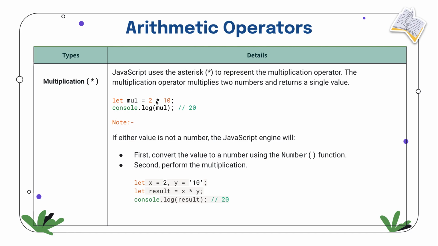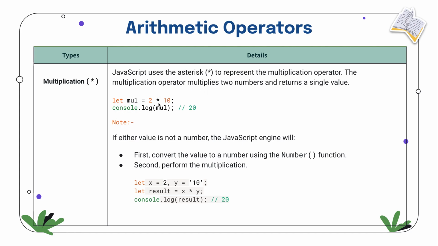In the same way, multiplication in JavaScript is denoted by the asterisk symbol. In maths we write x, but in JavaScript, in computer language, we have to write the asterisk symbol to represent multiplication.